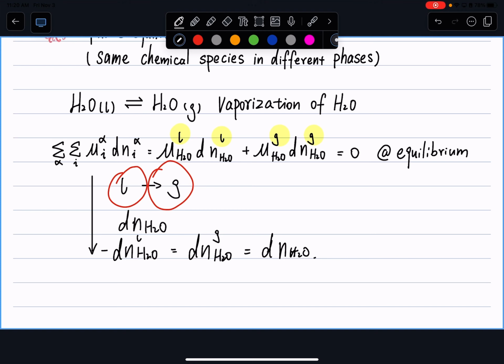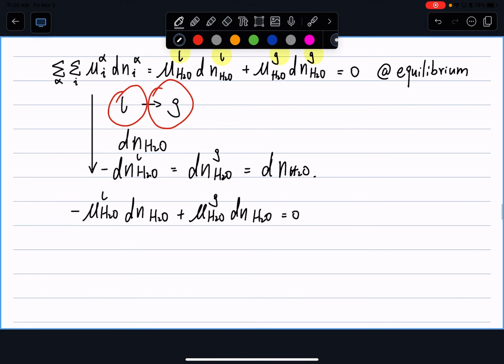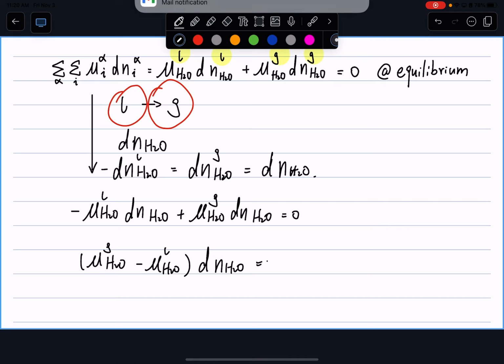Or the other way to put it is when we plug in that dN H2O, we have negative mu H2O liquid dN H2O plus mu H2O gas dN H2O equals 0. You take that dN H2O out, you get (mu H2O gas minus mu H2O liquid) times dN H2O equals 0.